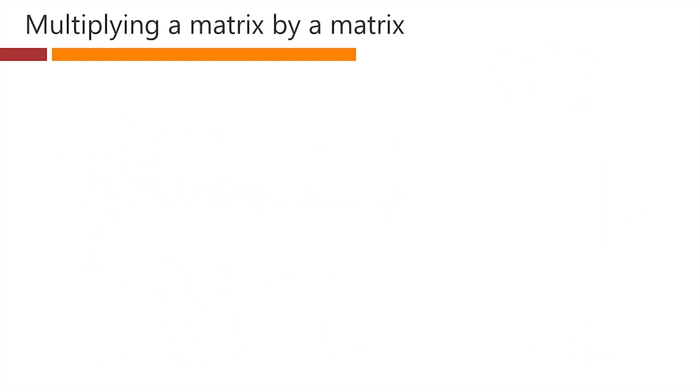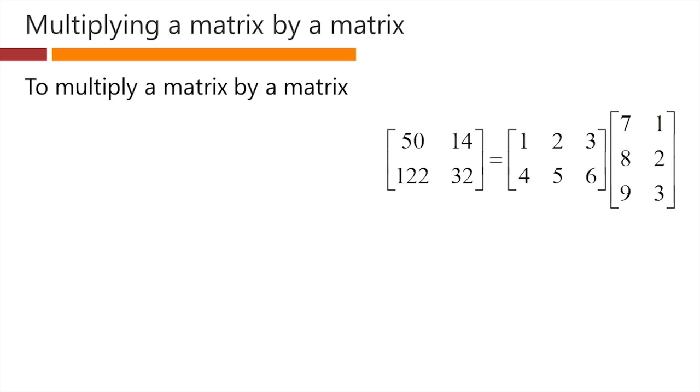Now we can keep going here to the more general case of multiplying a matrix by a matrix. So here is a matrix and another matrix, and we're multiplying this one by this one, and here is our result. The first column in this matrix here is the same as the vector we were just working with. This matrix is the same as the matrix we just worked with.